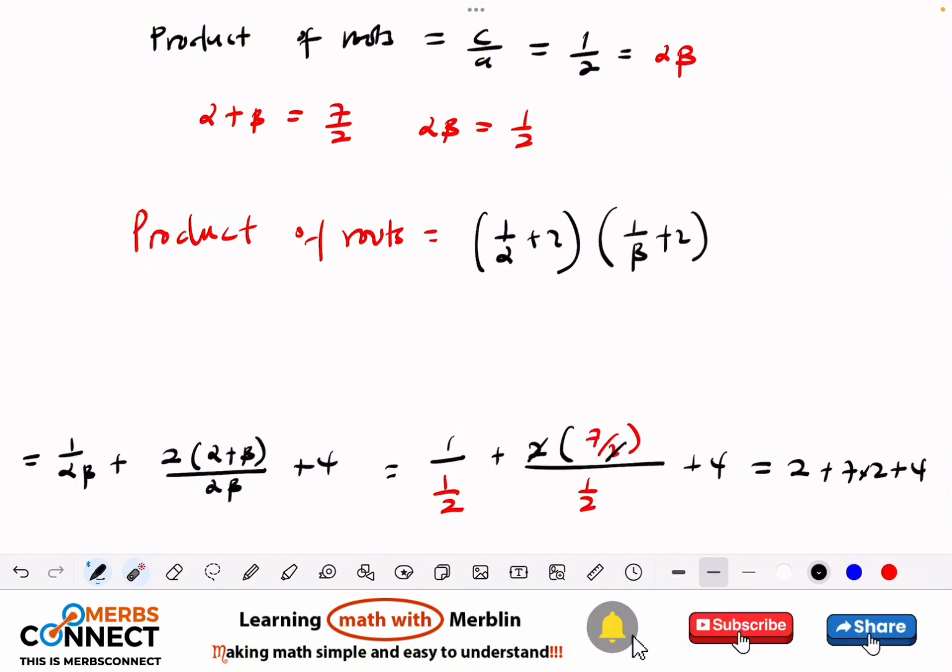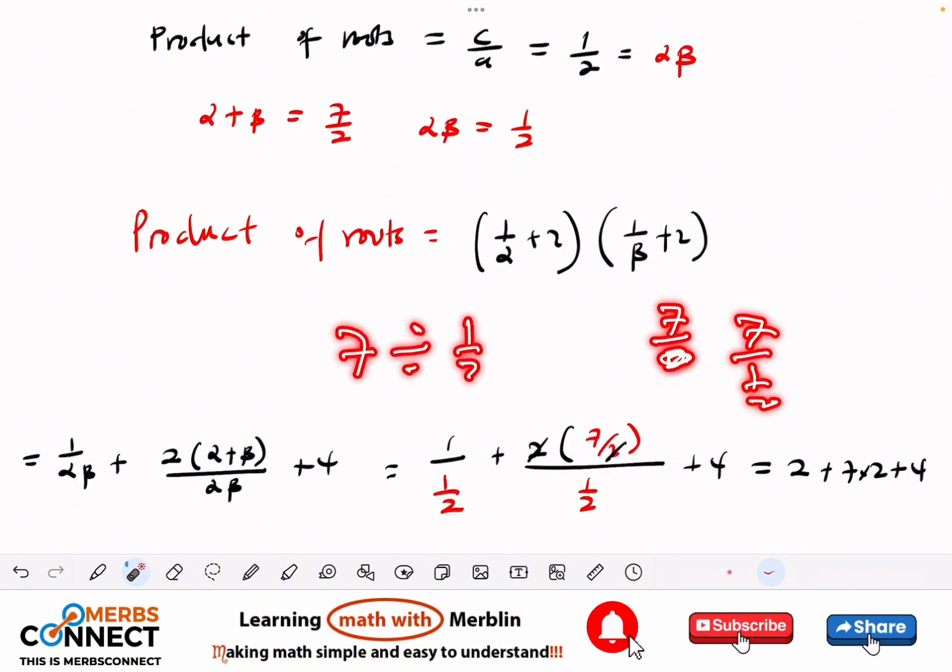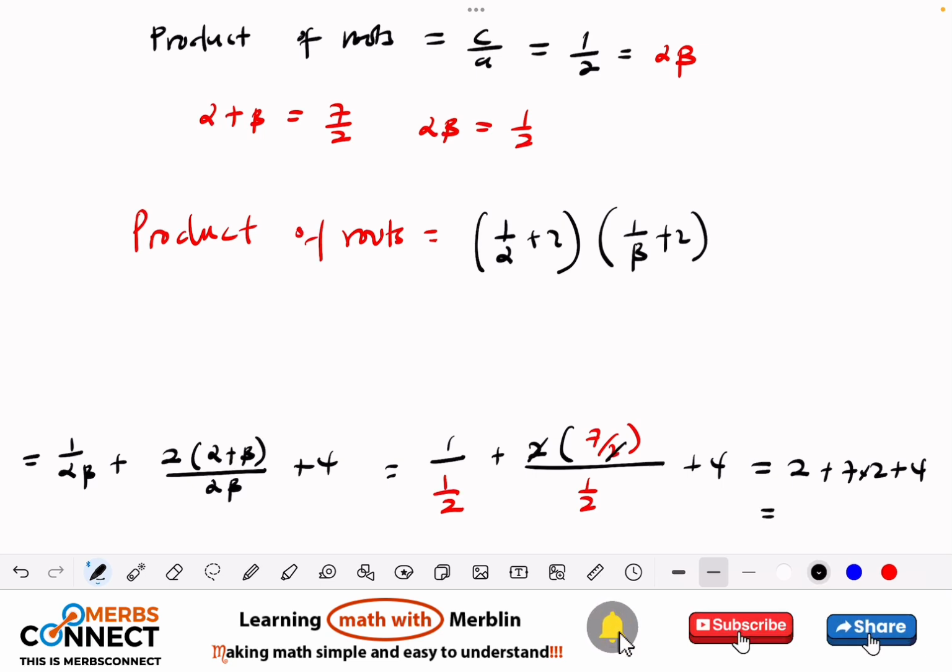Is that right? Yes. If this one cancels this, we are going to have 7 over 1 over 2, and 7 divided by 1 over 2 is the same as 7 times 2. So this will be 2 plus 7 times 2, which is 14, plus 4. And this is going to give us 20, right?